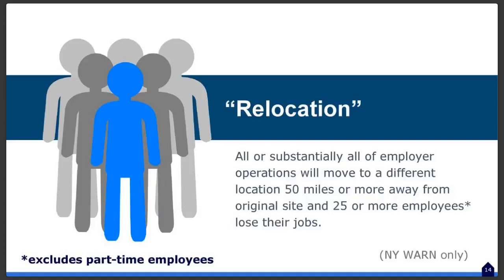There's actually not a 25 or more employee lose their job provision in the statute, but it seems pretty clear, including through the regulations from New York State, that they didn't intend for employers who happen to have 25 or 50 employees in the state, but at one location only have, say, 5, 10, or 20 employees, and then relocate that operation 50 or more miles away.